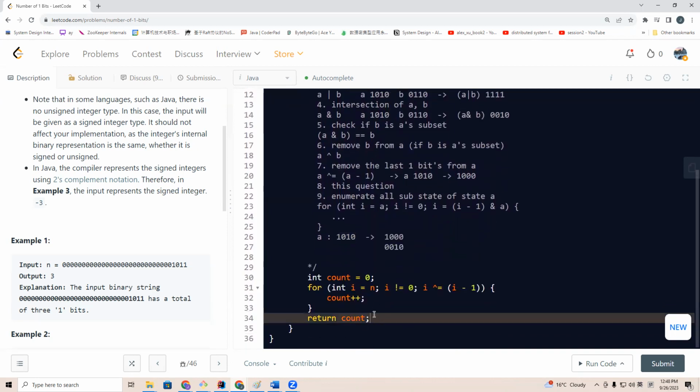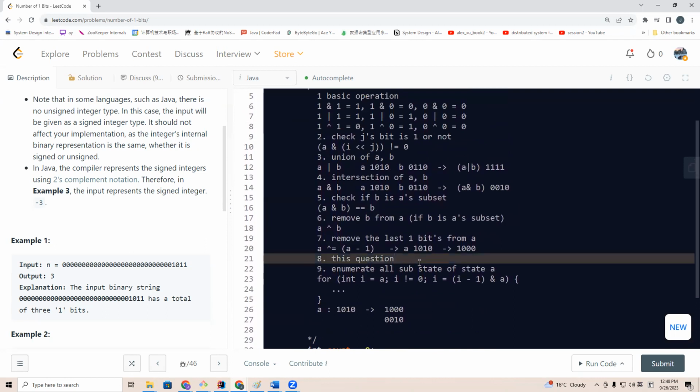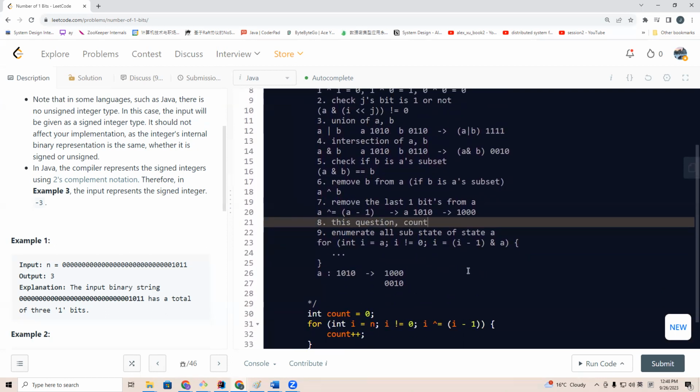This question is actually kind of simple. We just use the count of the number of 1 bits.